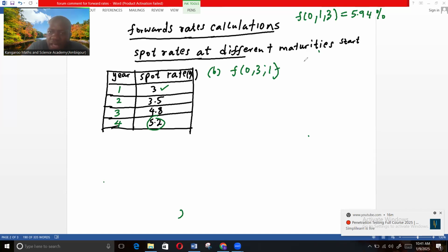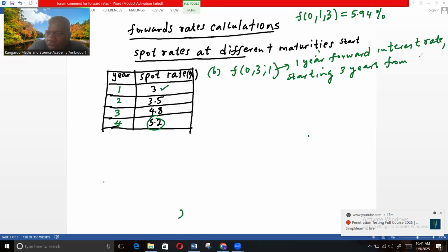This is a 1 year forward interest rate that will start 3 years from now. So its maturity will still be 4.